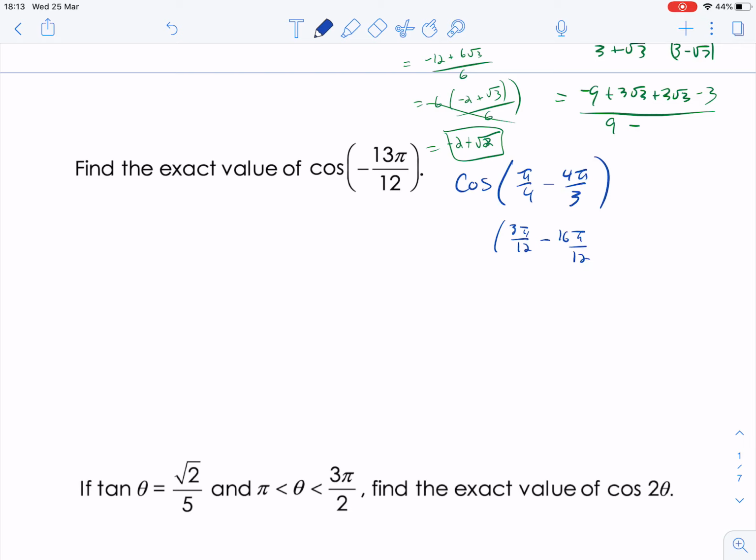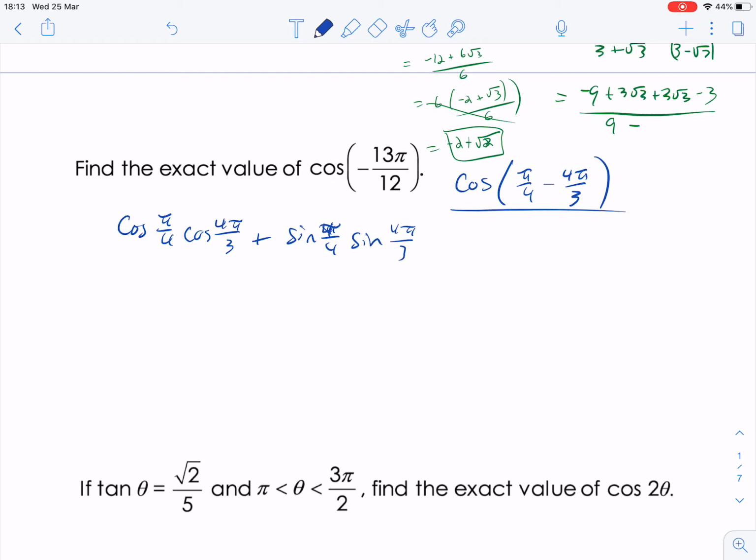There we go. So cosine of pi over 4 times cosine of 4 pi over 3 plus sine of pi over 4 times sine of 4 pi over 3.